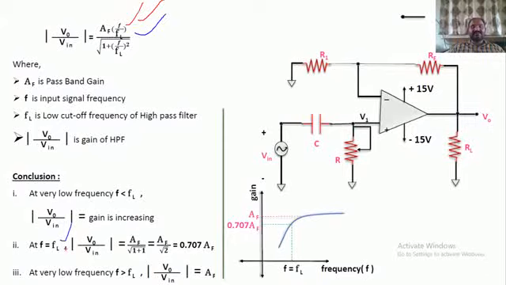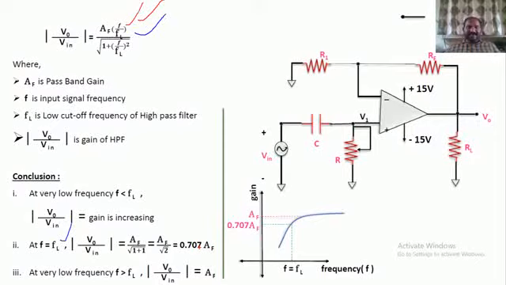When f equals fL, meaning the input signal frequency equals the low cutoff frequency of the high pass filter, the gain is increased to 0.707 times AF. Before that it is very small, but at the cutoff frequency it is increased to 0.707 AF.